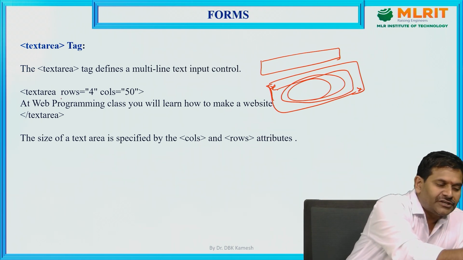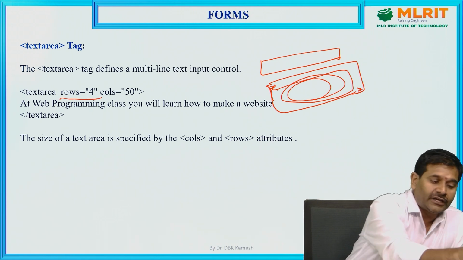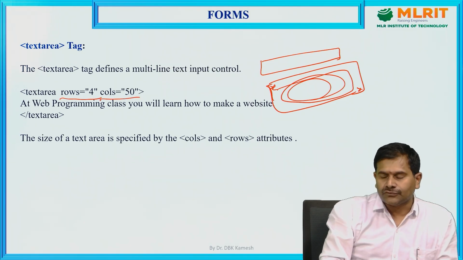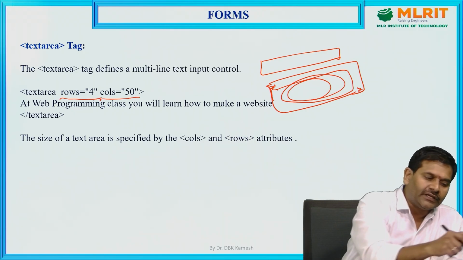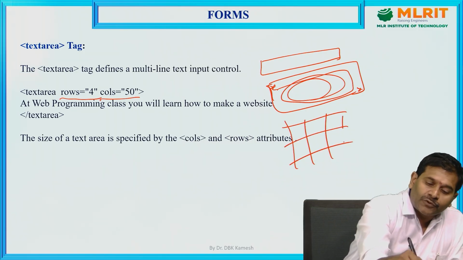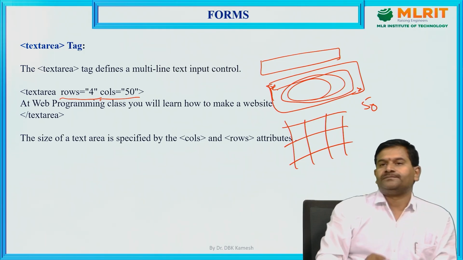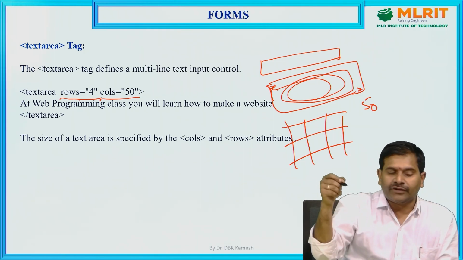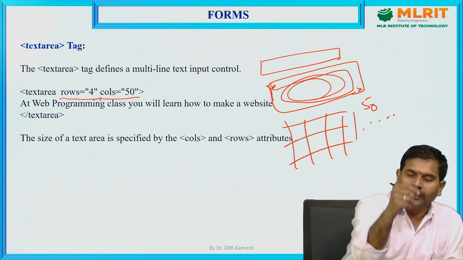You can mention how many rows and how many columns you require. It looks like textarea rows equals 4, columns equals 50. So 4 rows and 50 columns, and so on.